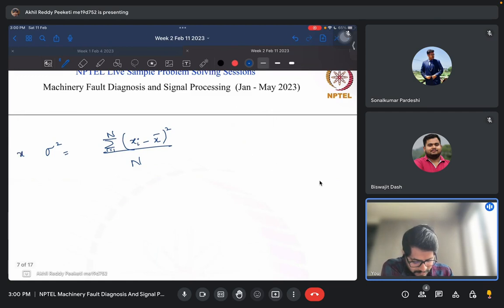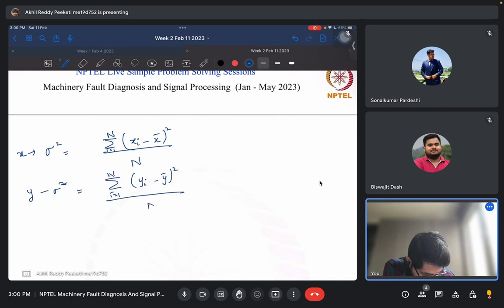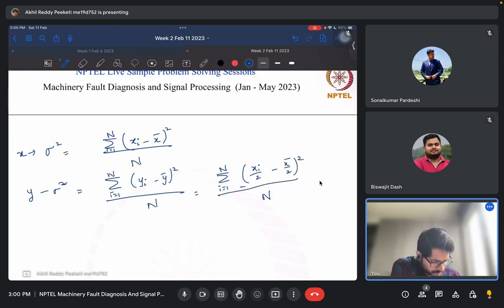So this is for x. For y, the variance would be sigma of yi minus the new mean squared, but yi is xi by 2 and we saw that the mean also became half of it. So x bar by 2 whole square by n.